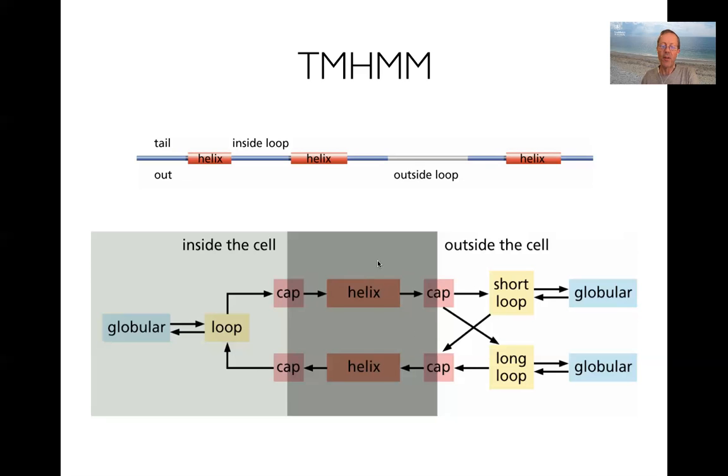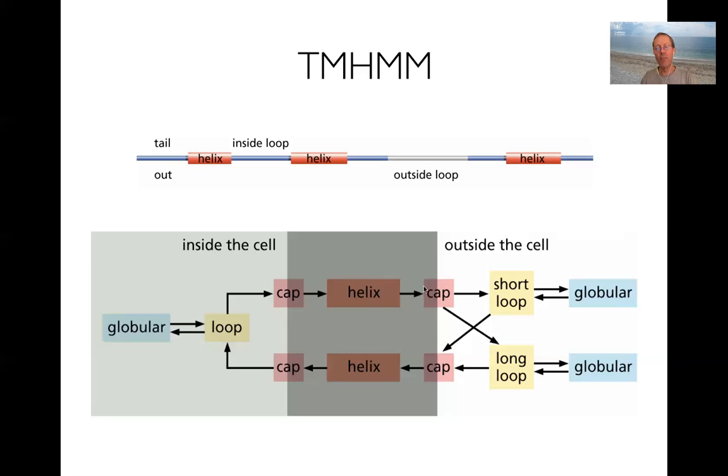So this can be roughly captured in a hidden Markov model architecture such as this one, where you have a central helix state. These would be states corresponding to residues that are in the transmembrane helix itself, buried in the core of the membrane. Now, helices have, as I showed you, tyrosines and tryptophans on their ends.